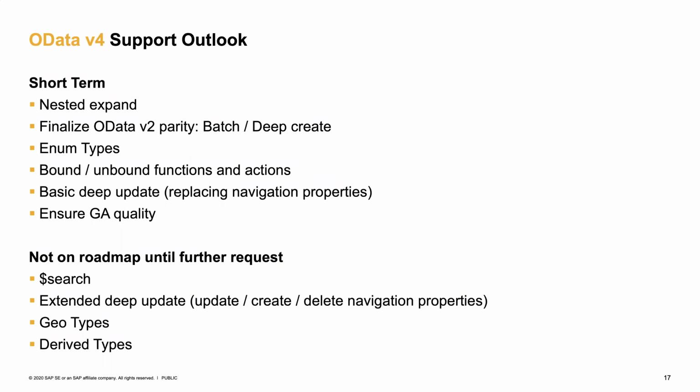We decided to first of all not provide that feature unless we hear differently from you. But the basic implementation of that is planned. And of course, we want to ensure GA quality, so we're currently working on having some possibility to end-to-end test everything.